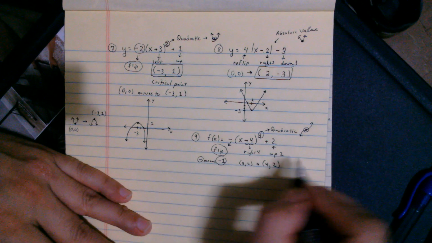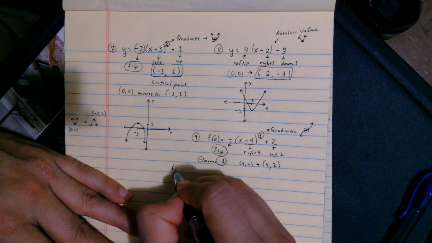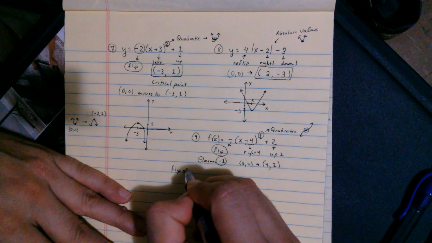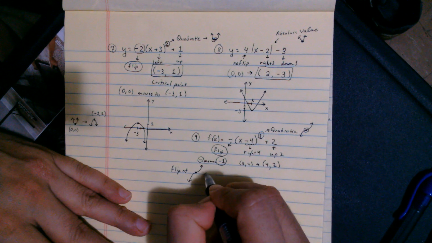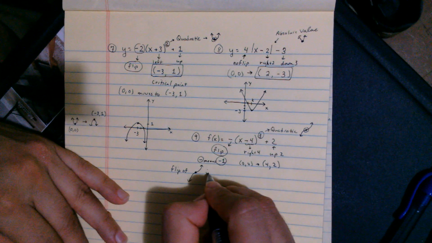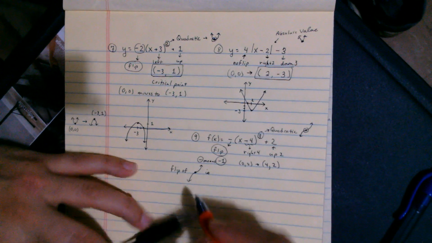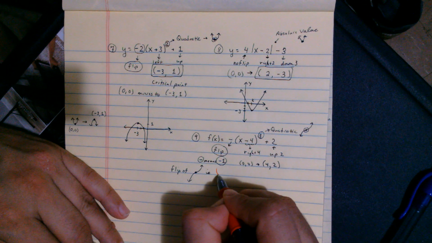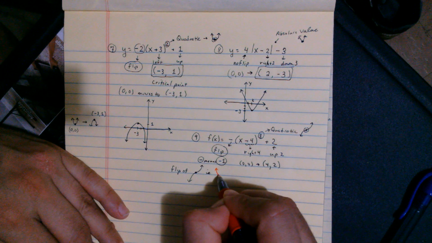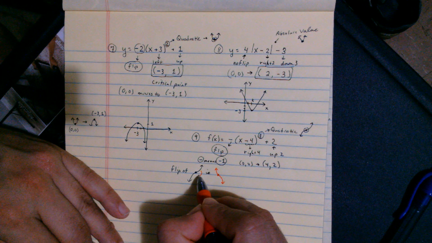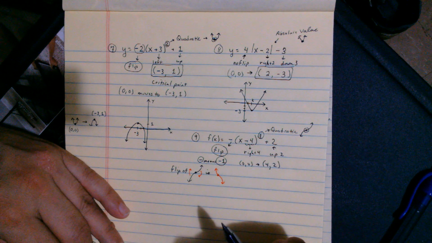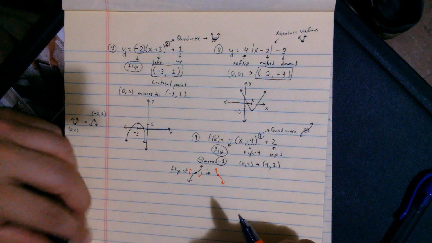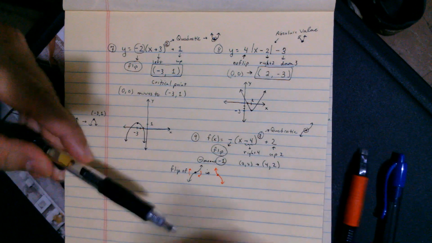But now, when you flip the cubic, it's going to flip in this direction. Because this bottom part's going to come down, and this top part's going to come up. So it kind of flips in that direction. It flips it vertically. Okay.